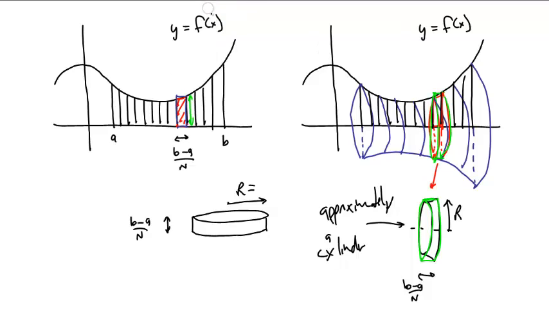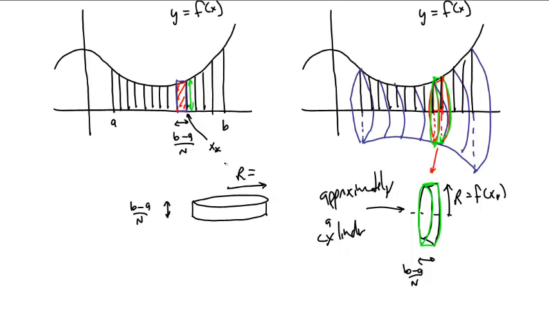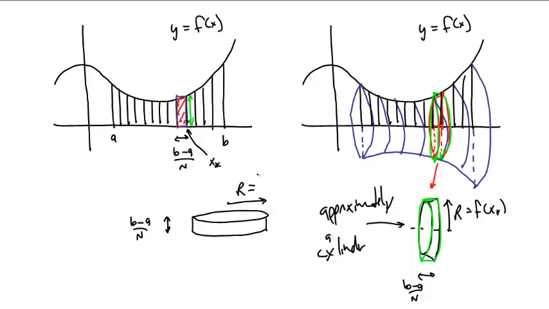So the radius is f of x star, where x star is this coordinate. In general, in this particular case, it's what you get when you plug into f, a plus i times b minus a over n.